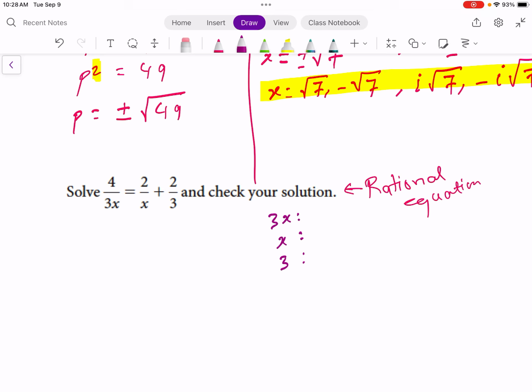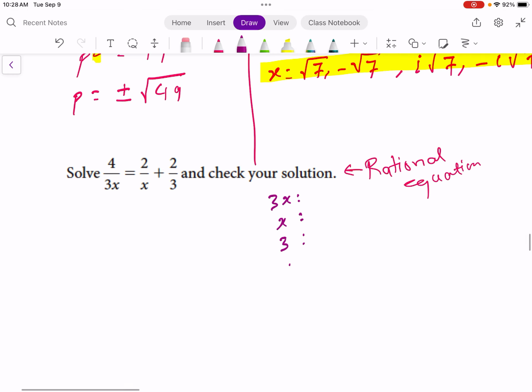Is 3x divisible by 3x? 3x divided by 3x is 1. Is 3x divisible by x? 3x divided by x is 3. Is 3x divisible by 3? 3x divided by 3 is x. That's right. So 3x is the expression which is divisible by each denominator here. So that is our common denominator here. So our common denominator is 3x.